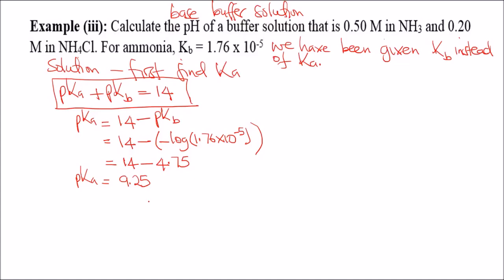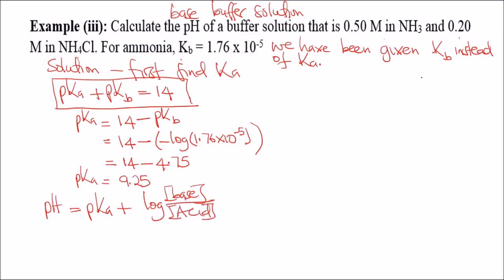Now once we find pKa, we can come back to our equation. pH is equal to pKa plus log base divided by acid.